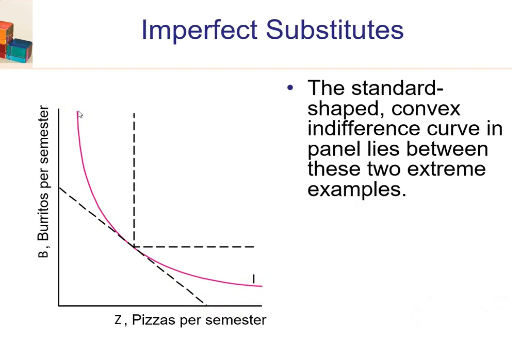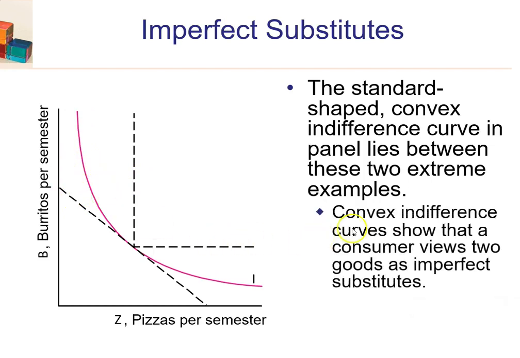So every bundle between two goods will lie at one extreme, the other extreme, or something in between, which is a typical shape. So this is an example of a convex indifference curve, here in pink, and extreme shapes that are either perfect complements or perfect substitutes.